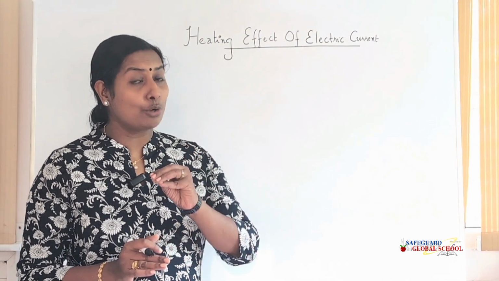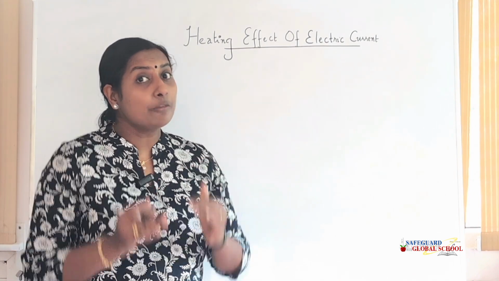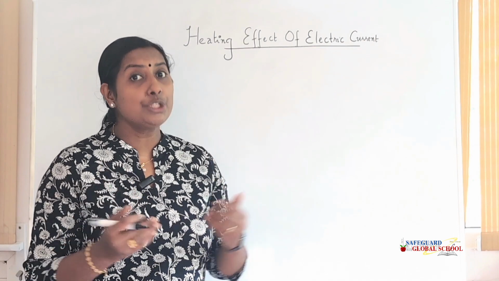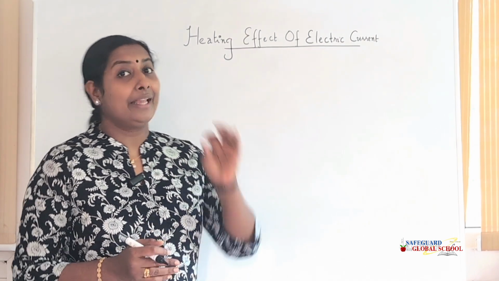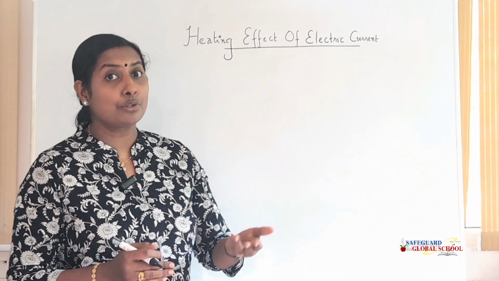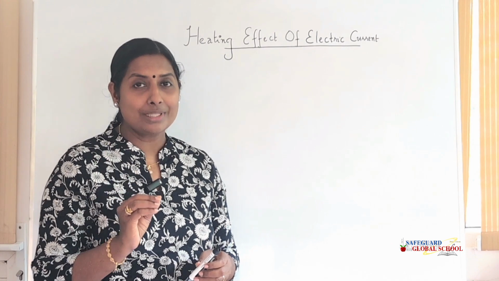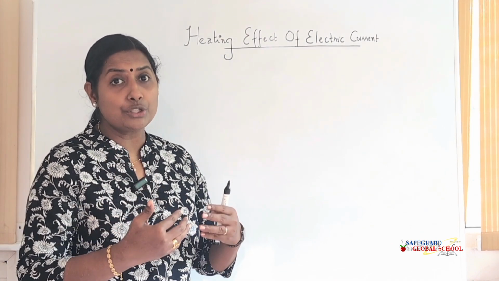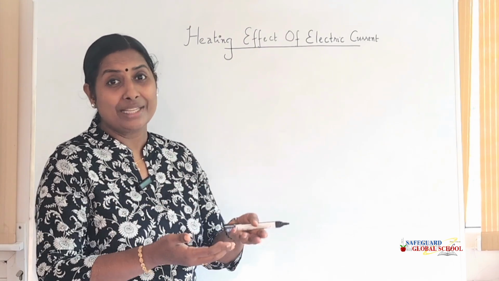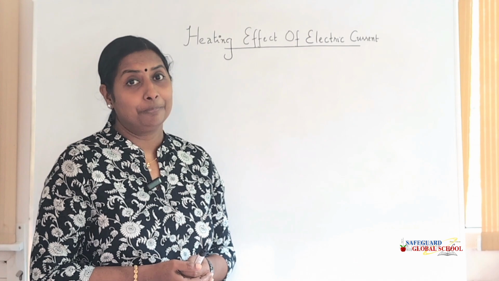When the electrons pass from one cross section to another, they suffer a lot of collisions. So they collide with the ions, they collide with the other electrons, so that for every collision they lose some amount of energy. So all the energy the electrons lose is manifested as heat in the conductor.